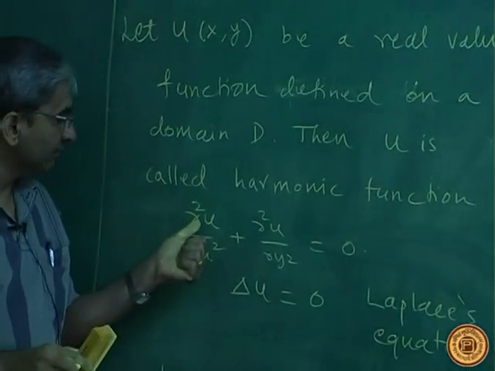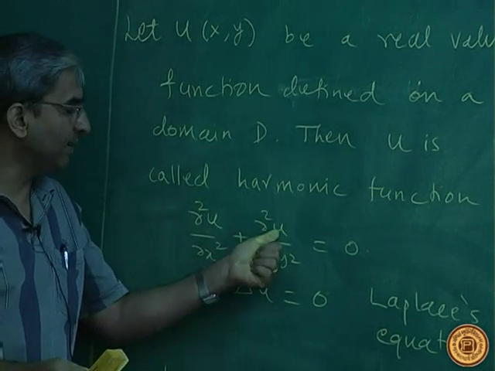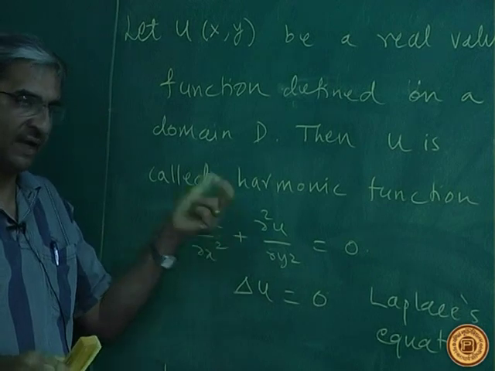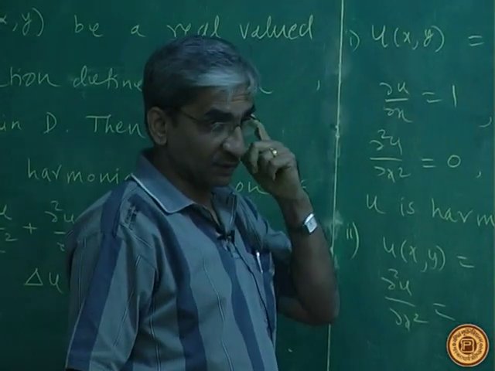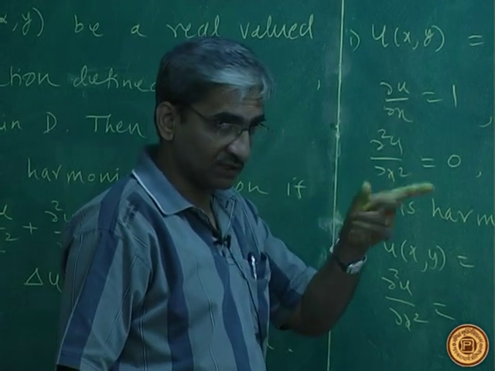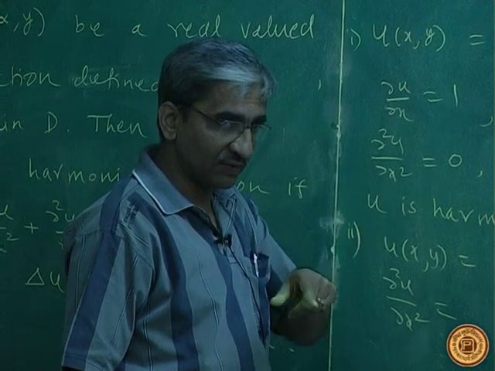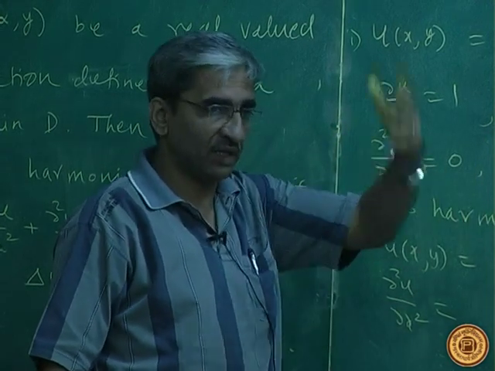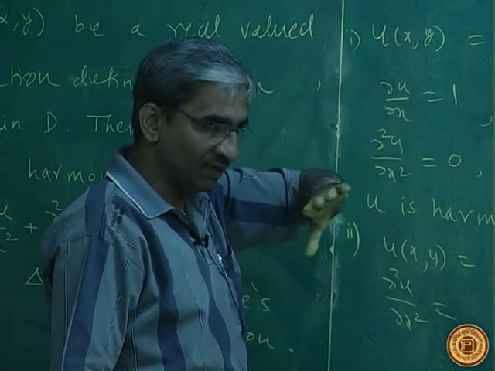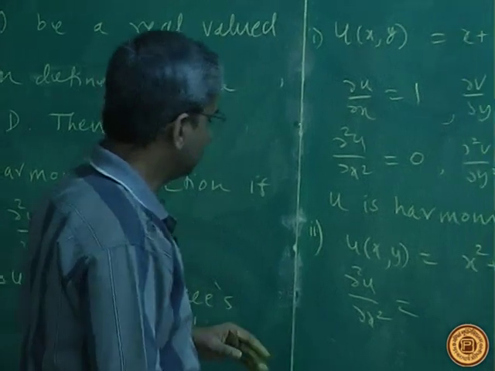This is ∂/∂x of ∂u/∂x, and this is ∂/∂y of ∂u/∂y. So you again find the partial derivative with respect to the same variable. That means second order partial derivative. Sometimes you have mixed partial derivatives, that is ∂²u/∂x∂y. That means ∂u/∂y, and then you find ∂/∂x of that function, like that. I am sure that you know these second order partial derivatives.